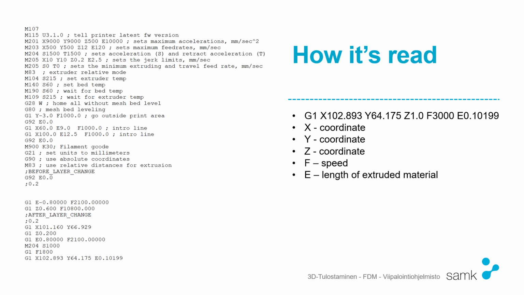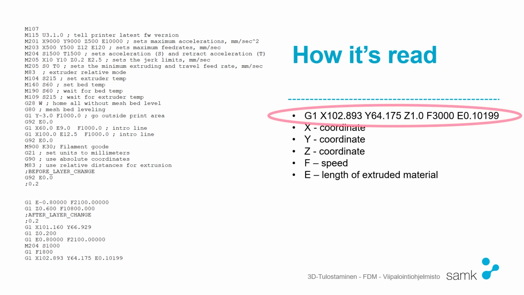How it's really read. The most important part are the G1 codes. So it tells, for example, in this example, there's G1 X102.893, Y64.175, and Z1.0, and F3000, E0.10199.